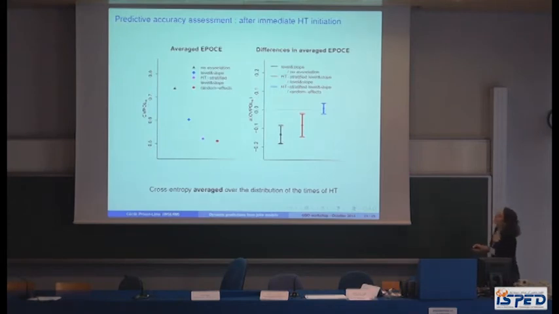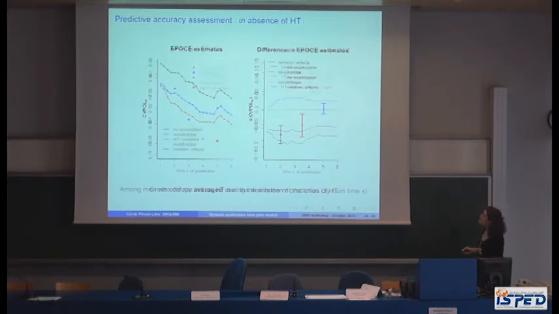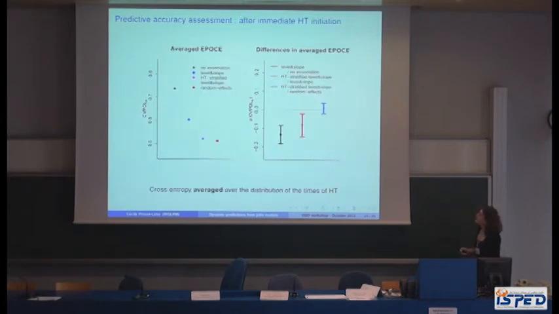If we look now at what happened after immediate hormonal therapy initiation. As I told you, what we have to do is to integrate that and obtain just one single value. Those are these values. So the values for the model that assumes no association between the PSA and the event, the classical one with the effect of the level and the slope of PSA, this one which stratifies the effect before and after hormonal therapy, and the one with the random effects.